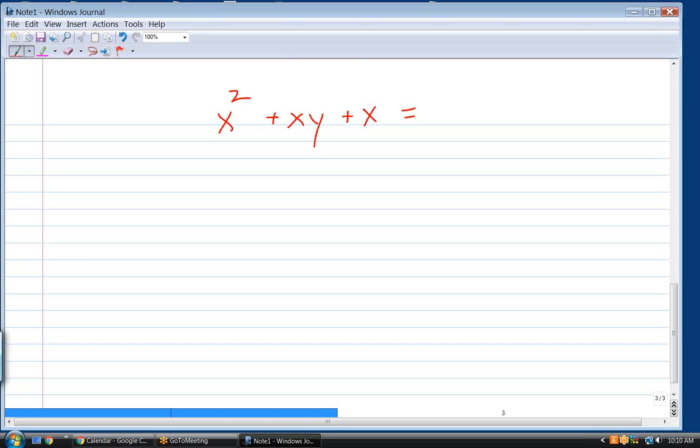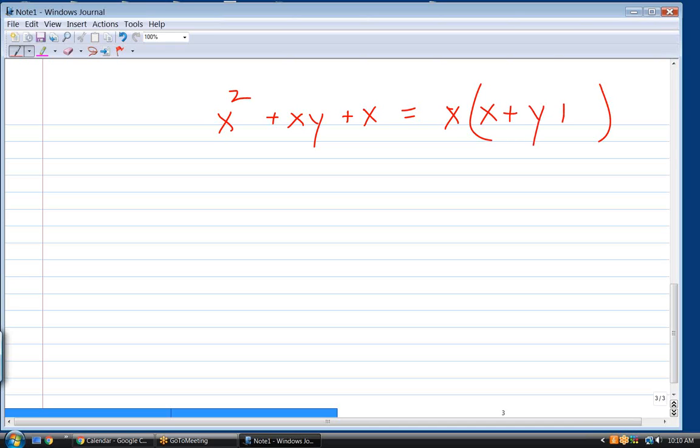Yeah. Okay? And the very first thing you want to ask yourself on a factoring problem is there a greatest common factor that I can remove for starters? What is it? X. Okay? So I can take out an X. What's left? When I say what's left, I mean after you divide each term by X, what do you have left? X plus Y.